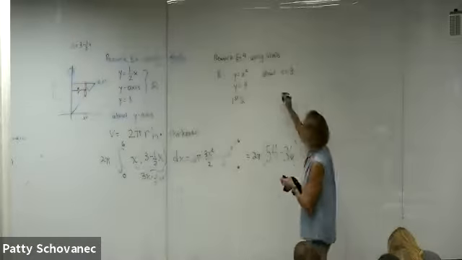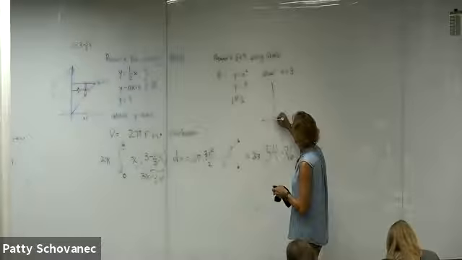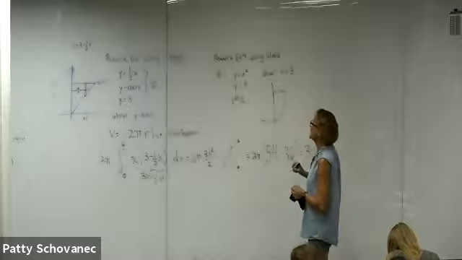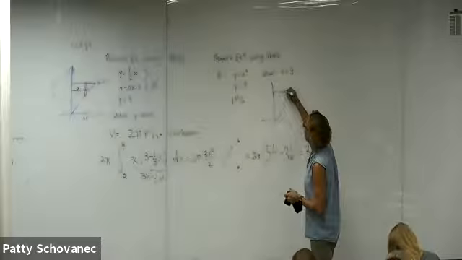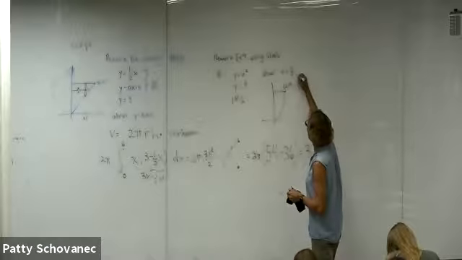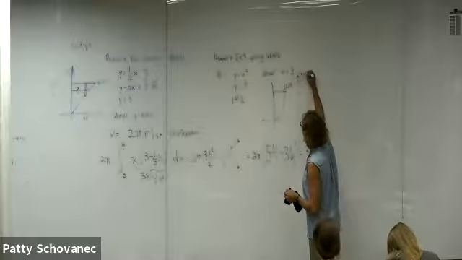Okay, so we had parabola, line, y-axis. That's our region. This was the ordered pair 2, 4. And we're going to go about x is equal to 3.